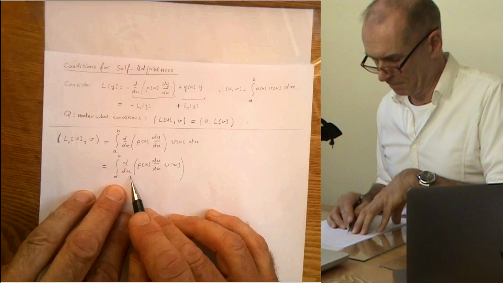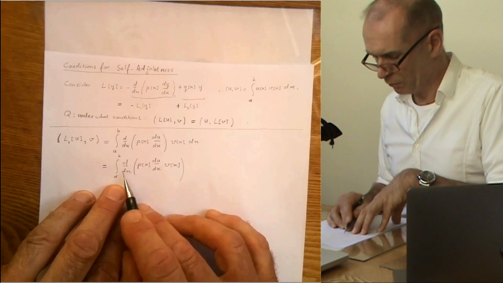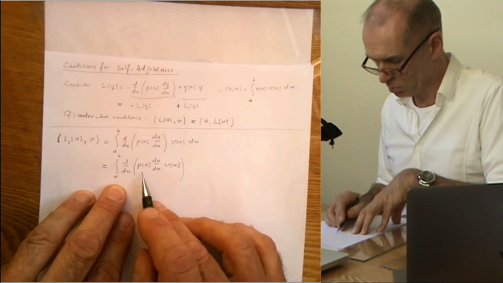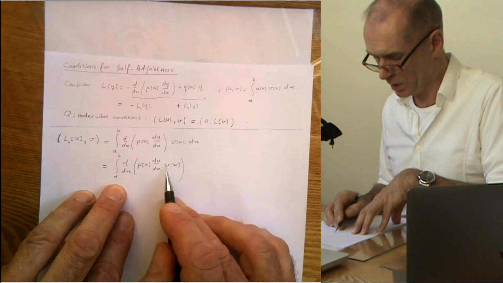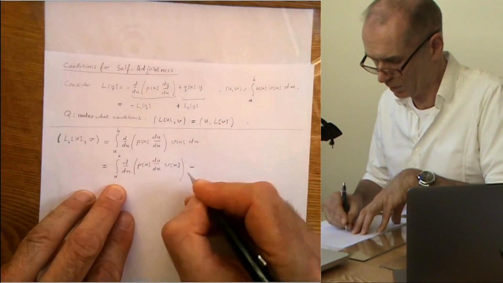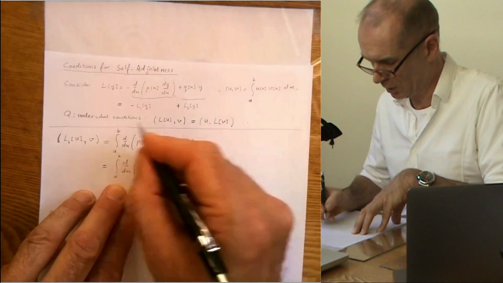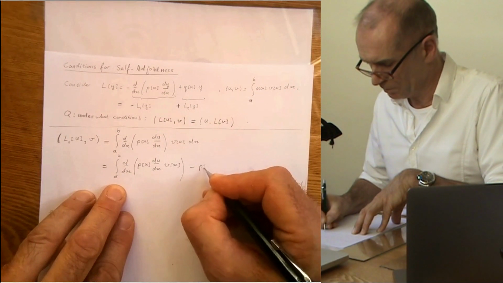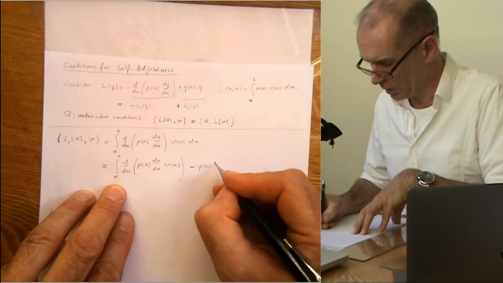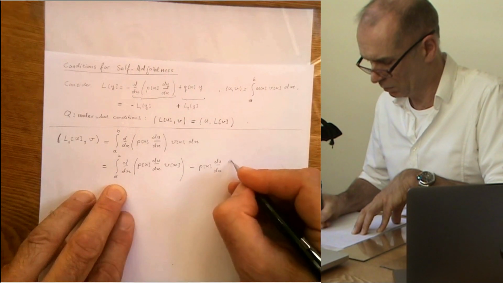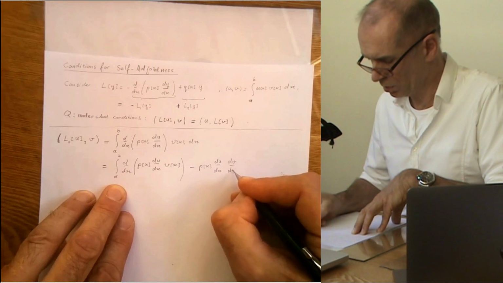So you would get this derivative working on this part, which is what we have, times that, but also this times the derivative of that. And we don't have that, so we have to subtract it to make sure that what we get is equal to that. So I have to subtract p of x, du/dx, and then that derivative acting on v, so dv/dx.